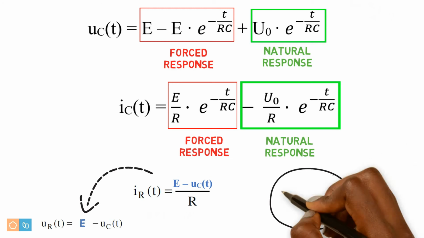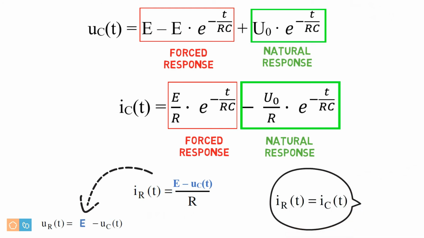Knowing that the IR current through the resistor and the IC current through the capacitor are exactly the same current, we have IR equals IC.